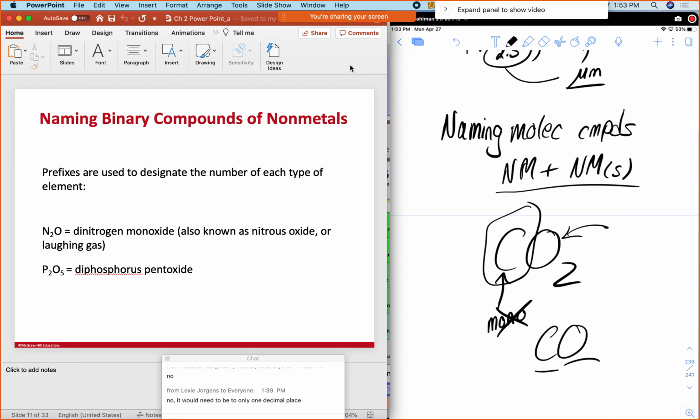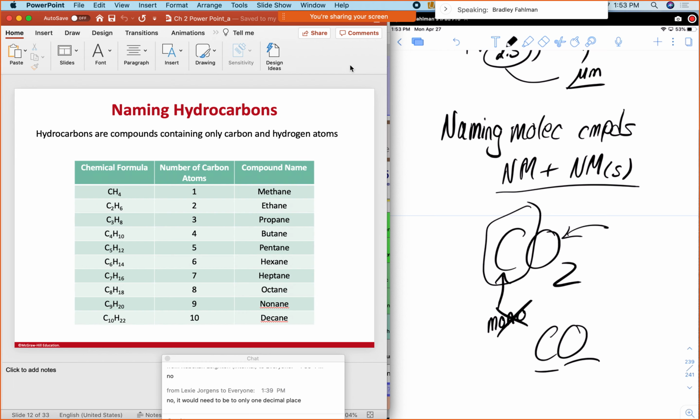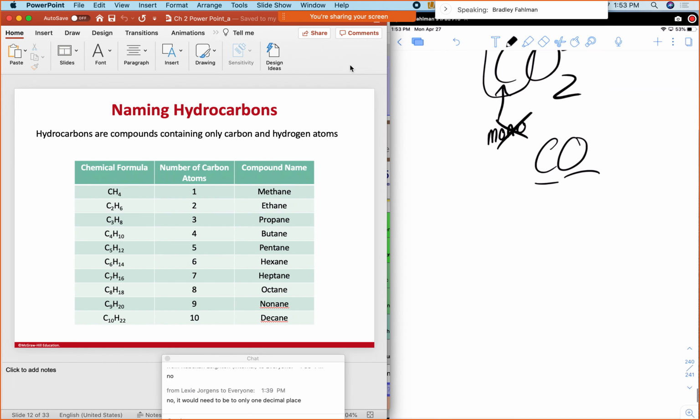All right, and then some examples there. And then also naming hydrocarbons. A lot of these prefixes are the same, except these ones: mother eats peanut butter.